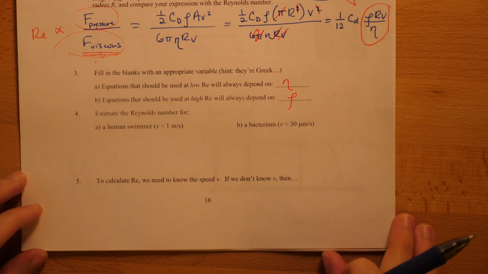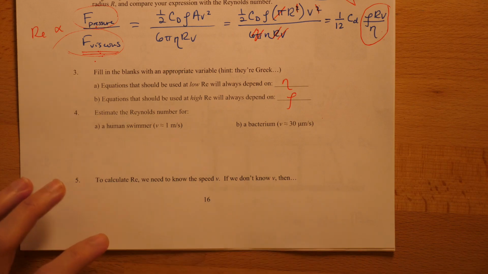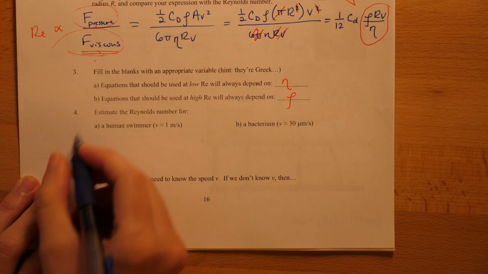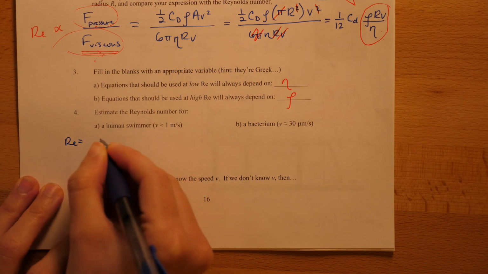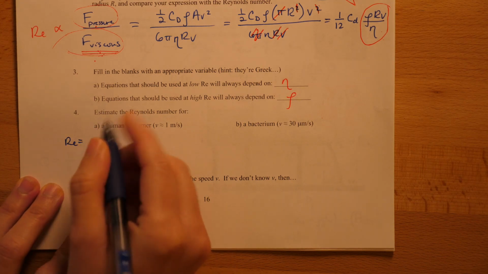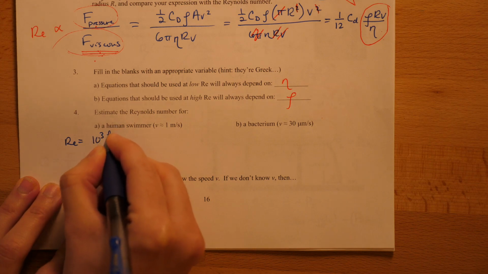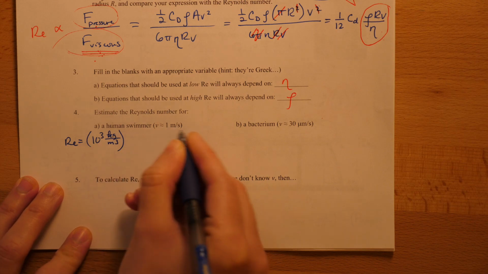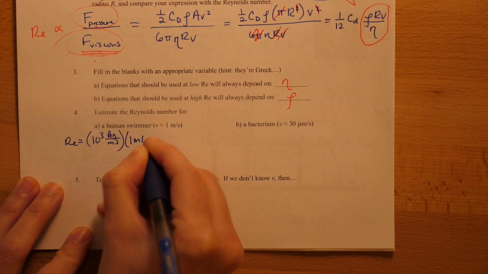Okay, so let's try some practical calculations. So if we were to estimate the Reynolds number for a human swimmer, say, okay, we need the density of water, which is 1,000 kilograms per cubic meter. And the speed of a human swimmer is about 1 meter per second.